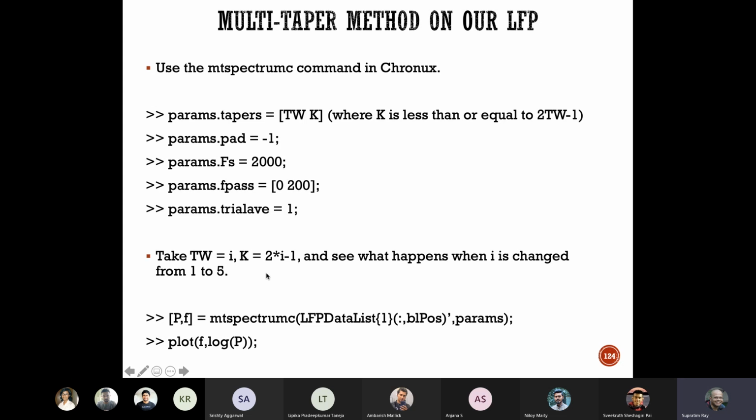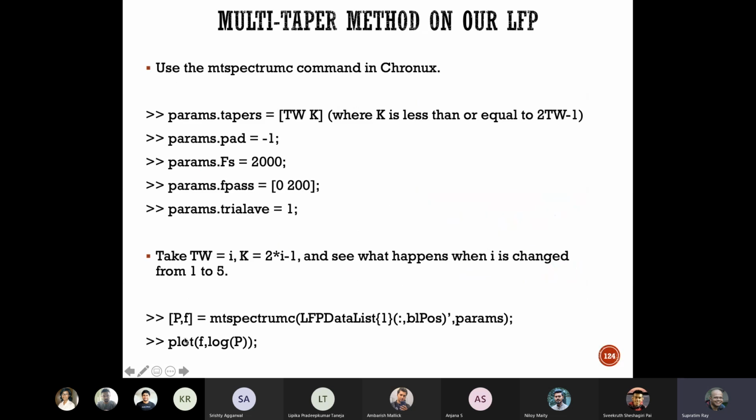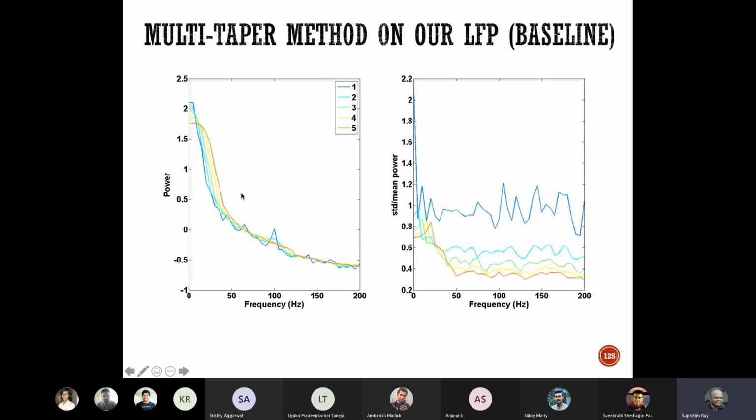So here I'm going to now run this on my data with the TW product set to different values, 1, 2, 3, 4, or 5, and K set to 2i minus 1. So I compute the multi-taper power spectrum with a single taper, shown here in blue, and it's the same as a windowed Fourier transform, with the window being the DPSS window.